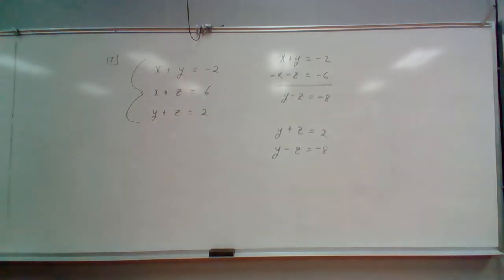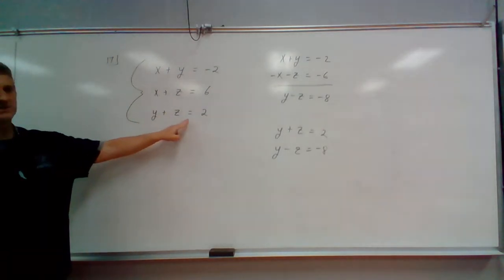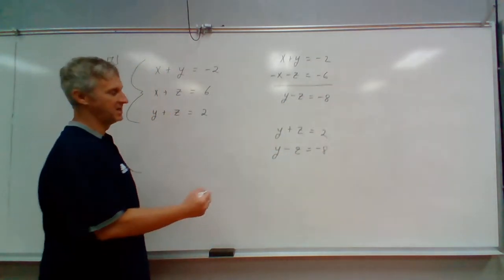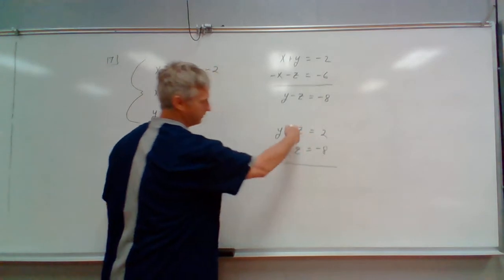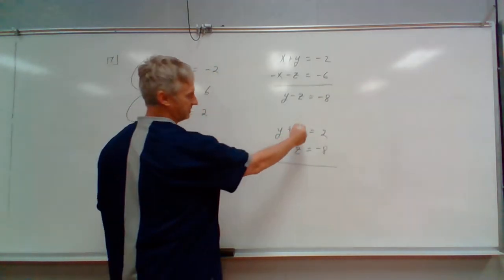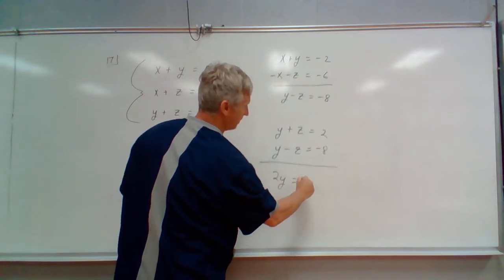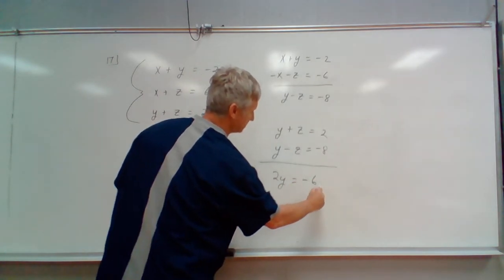So let's not use substitution, let's just use elimination again. So I'm using the third equation, y plus z is equal to 2, and I'm using y minus z is equal to -8. If I add those together, I'll eliminate the z's. z minus z is 0, y plus y is 2y equals -6.